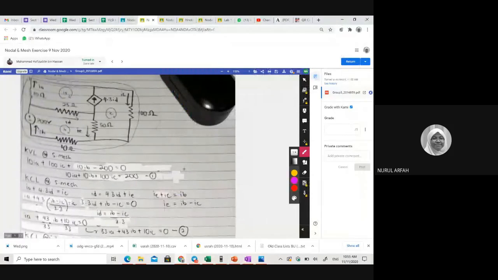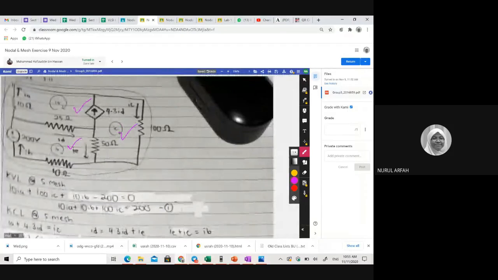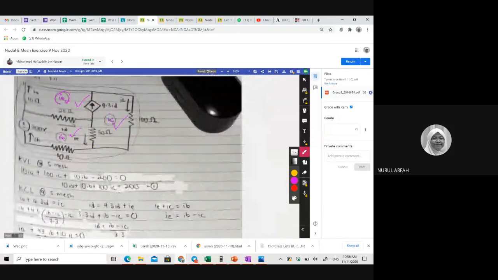This is correct, and correct. But I can't see it clearly, Hafiz. This figure looks right, but inside this one, maybe IA, IB, IC. This is IC, this is IB. Alright, and then I will look at your super mesh. Is this your super mesh, Hafiz?